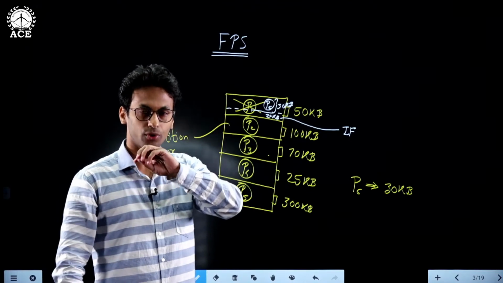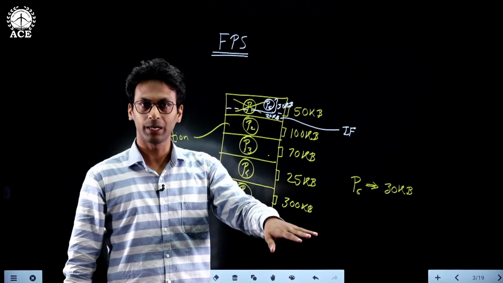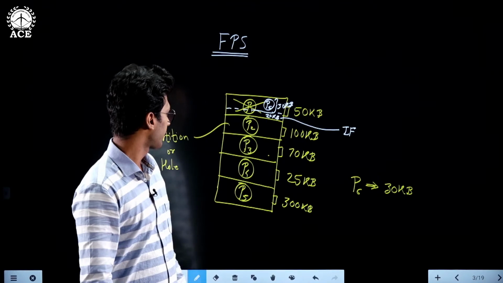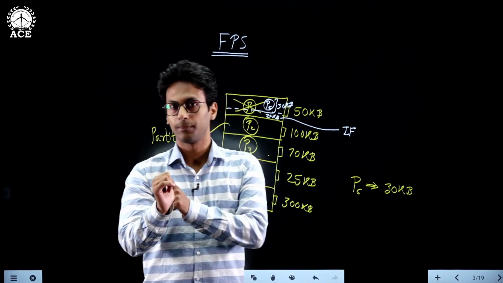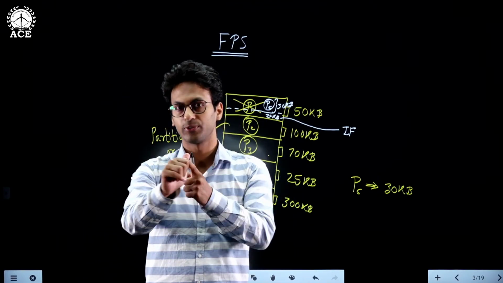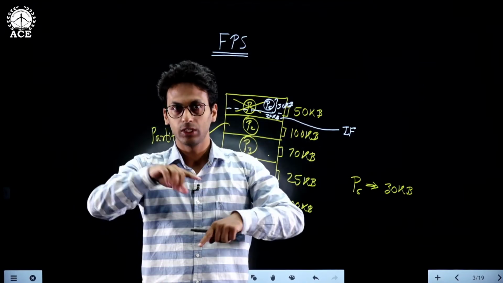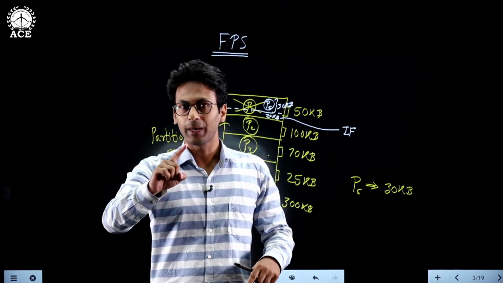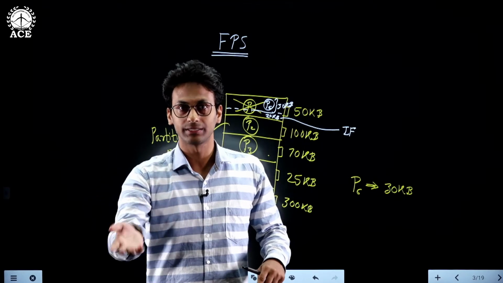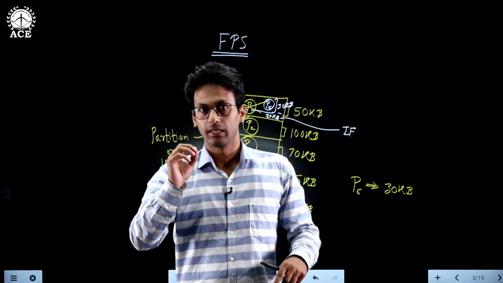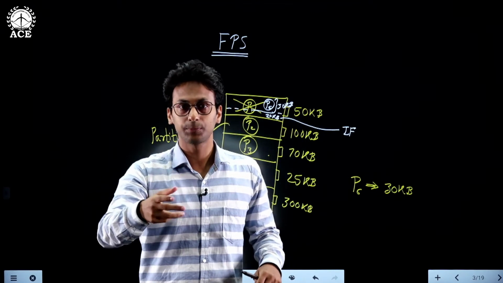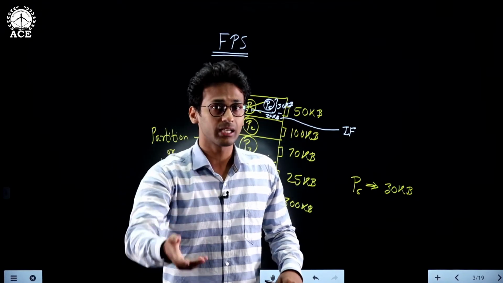Let's take a quick glimpse of variable partition scheme. So few points about fixed partition scheme you need to remember. First point, memory will be divided into a fixed number of partitions. In each partition only one process can reside. Now, if there is only one process in each partition, how many processes can come at max?